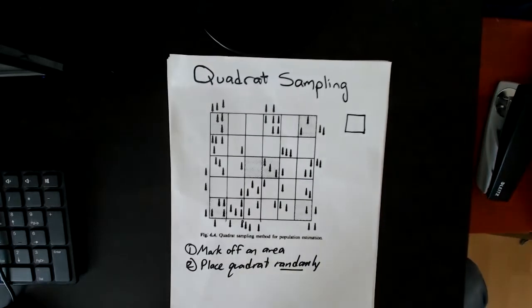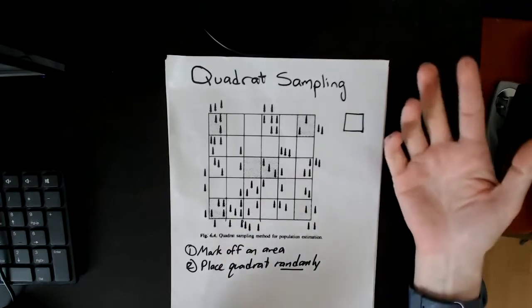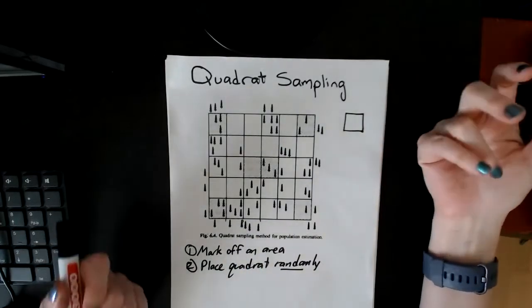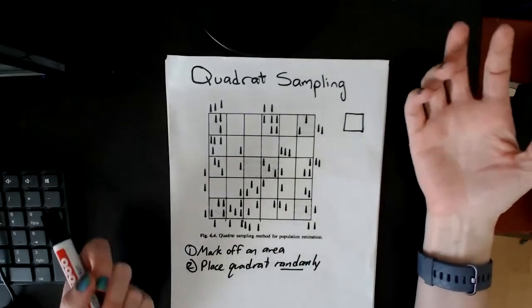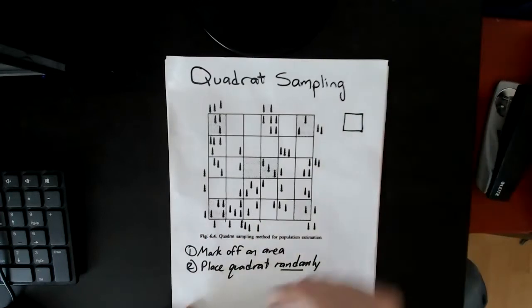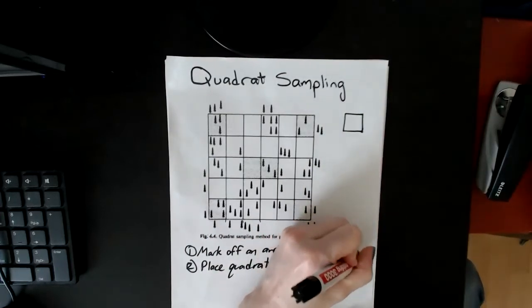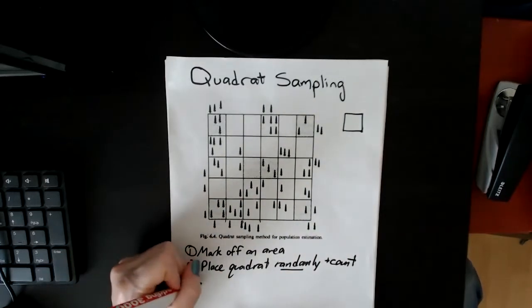Don't just throw it, that's not random. Use a random number generator, something like that. If you're doing a random number generator, I would generate 2 numbers. So maybe I do a 6 and then a 1. So I'd go over 6 and up 1, so it would be this square right here. Okay, so you place the quadrat randomly, and you count the number of individuals of that species.